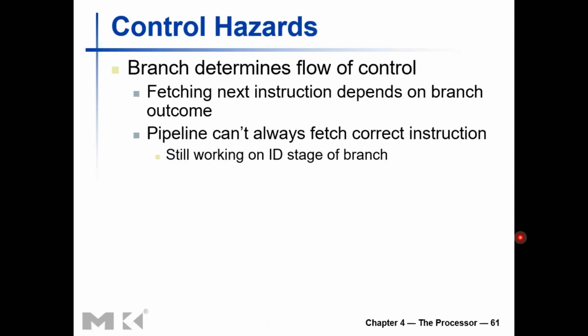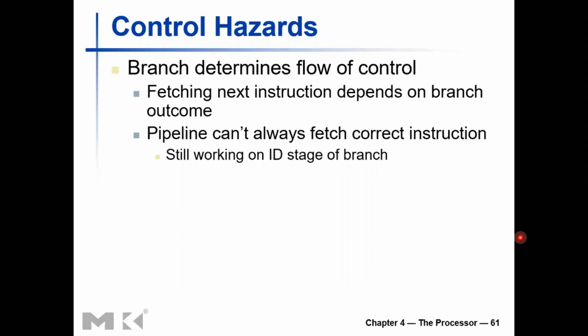Right. Then the third type of hazards are control hazards. So the branch instructions, they are the ones that determine the flow of control, whether you need to fetch the next instruction in the sequence of execution, or you want to jump ahead in the program or jump backwards in the program, right?